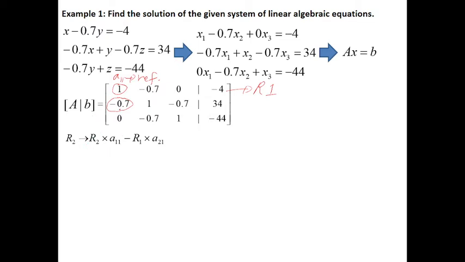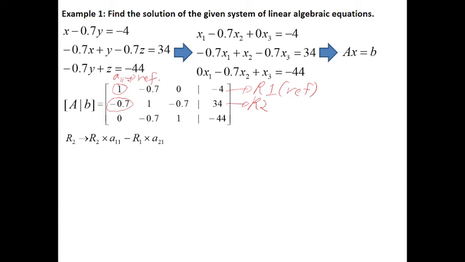So therefore, since i-convert to ng 0, okay, nasa row 2 siya, so we have row 2, okay, so i-multiply natin ng A11, yung reference element natin.